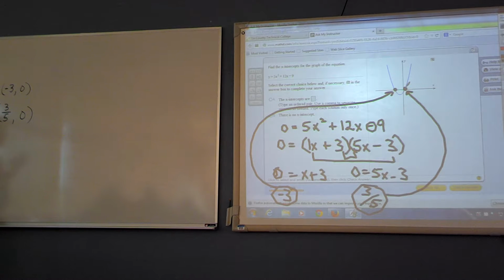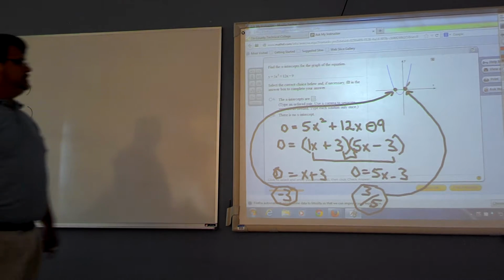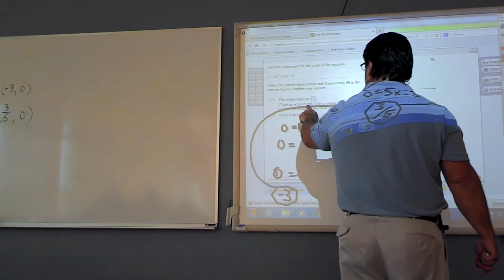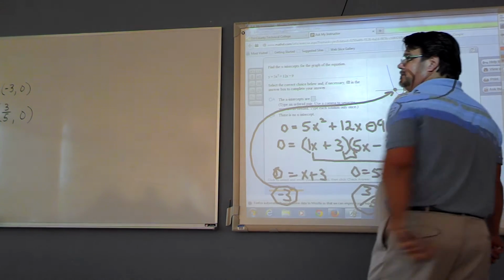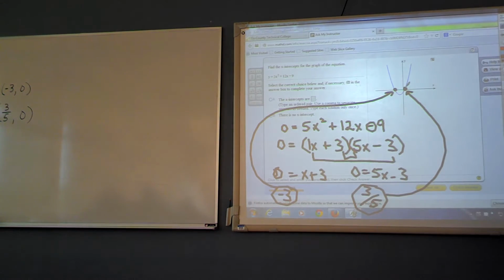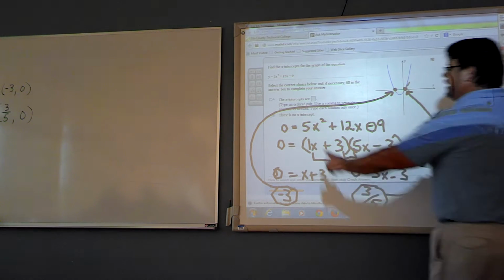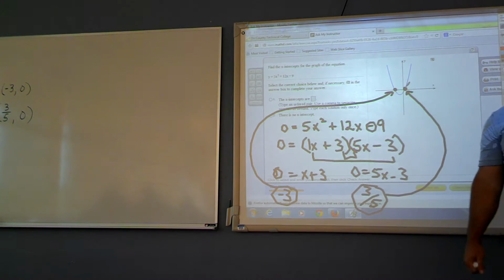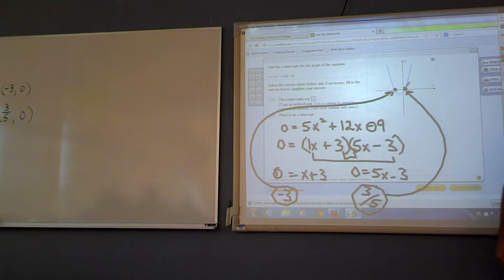And if they say anything, there it is, type an ordered pair. That's an ordered pair. If they just say find the x-intercepts, then you can put anything you want to. But they're telling you right here, ordered pair, they're telling you to put the 0 in over there. So that's what you would do.